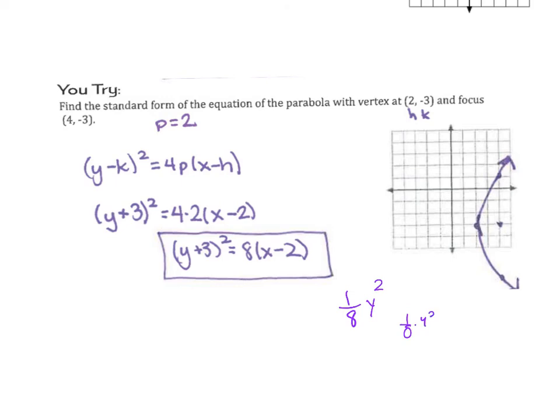So 4 squared is 16, and 1 over 8 times 16 means 2. I'm taking it from where it's shifted. From the vertex, if I plug in y is 4, going 1, 2, 3, 4, I will get x is 2 on this side. That's how I came up with the points here. So it's good to know how to graph them.